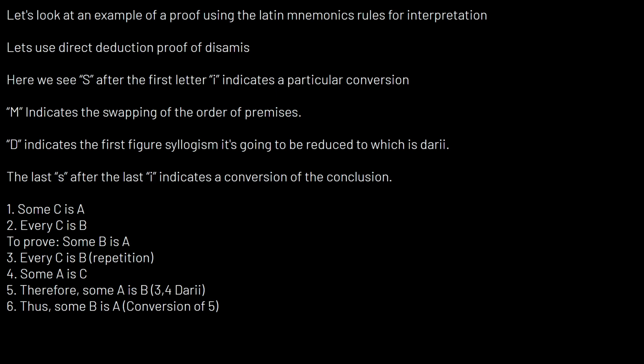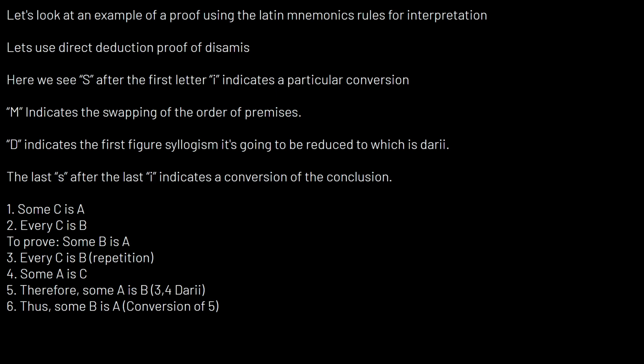We have to be careful when we are writing proofs for syllogisms. When we write proofs for syllogisms and what they're going to be completed to, we have to know the figure of their first figure syllogism. That is why Darii here is every C is B, some A is C, therefore some A is B, which is an AII syllogism. But notice that it is actually Darii. Why?